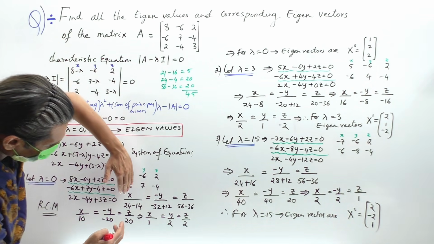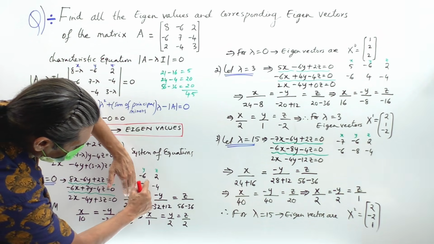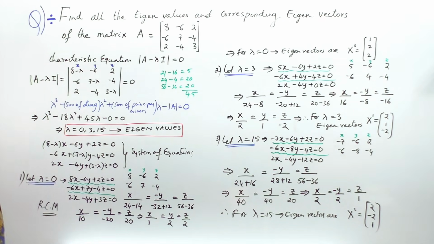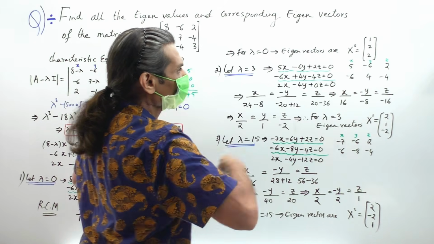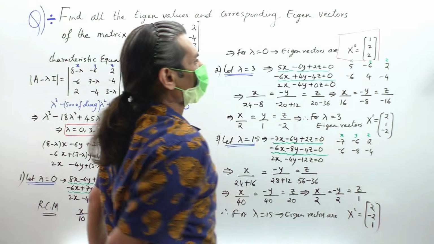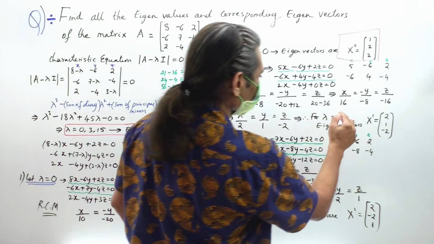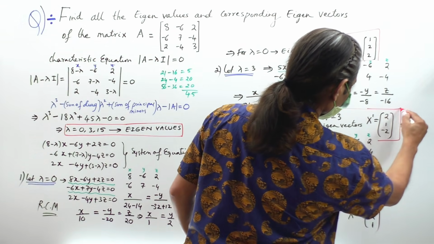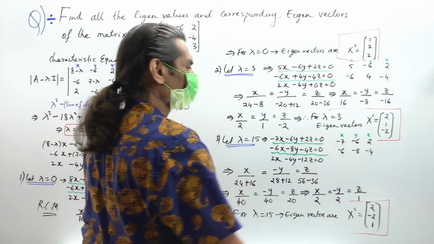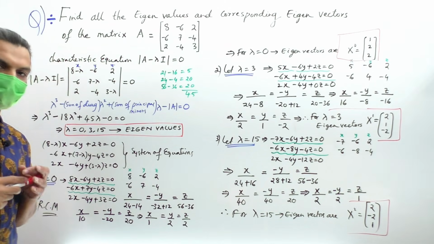For finding x, don't take the x values, only take y, divide by minus 6, minus 4, 24 minus 14 and so on. Okay, so for lambda is equal to 0, you get eigenvectors as, underline it, 1 2 2. Then for lambda is equal to 3, you get this eigenvector, and lastly for lambda is equal to 15, you get 2 minus 1 2. That's all. These are the values.